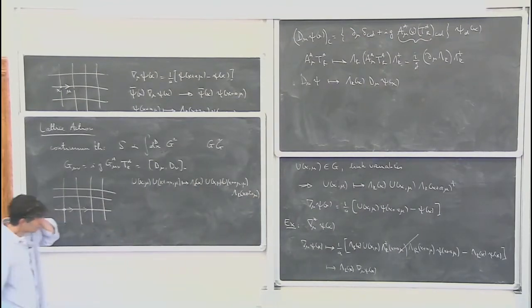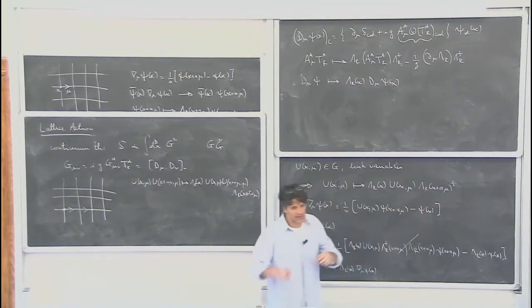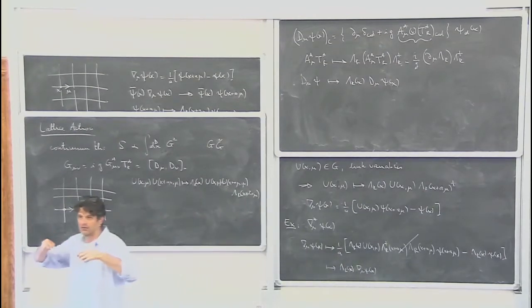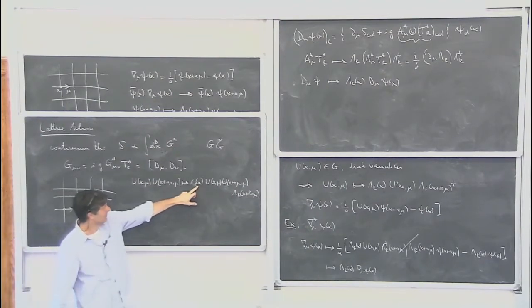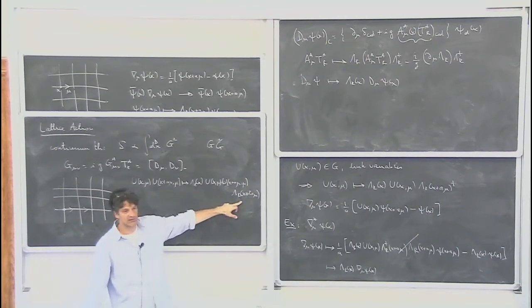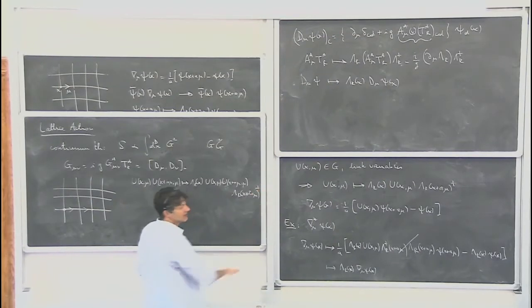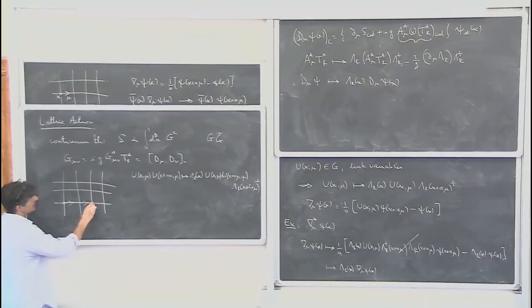Okay? So if you take any product of link variables, all the matrices that are in between link variables will cancel. Okay? So a product of link variables along a path will transform with a factor of Λ to the left at the beginning of the path and a factor of Λ dagger to the right at the end of the path.